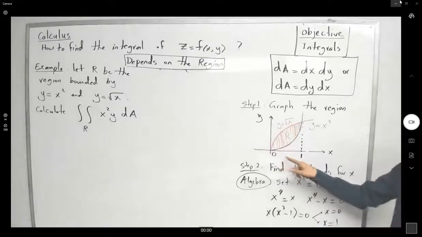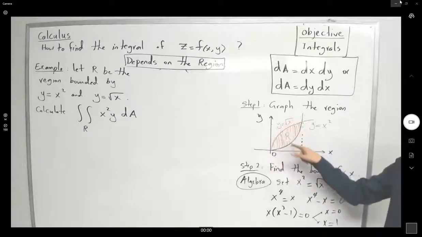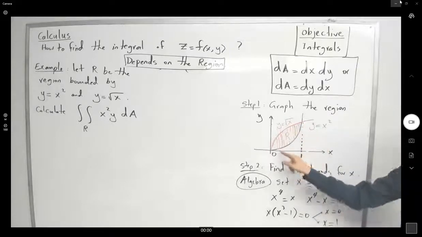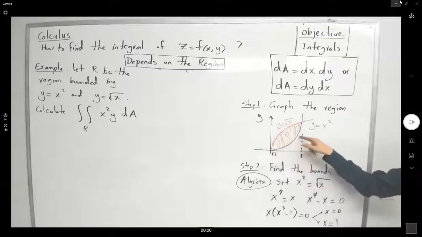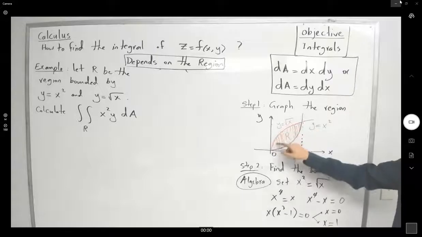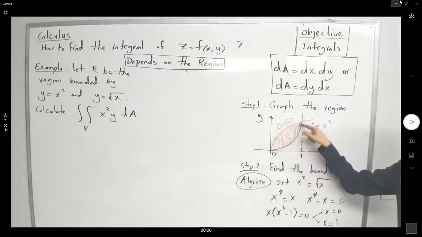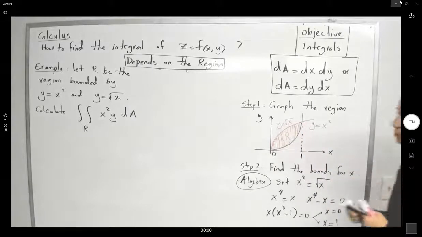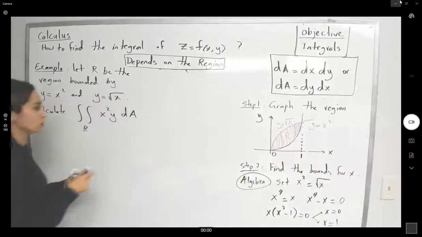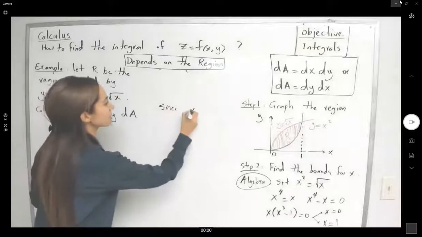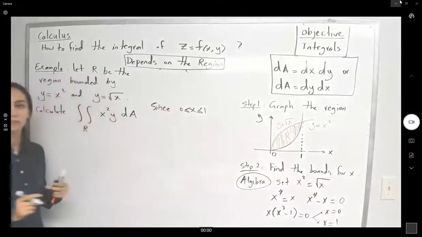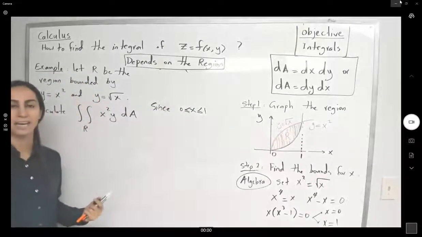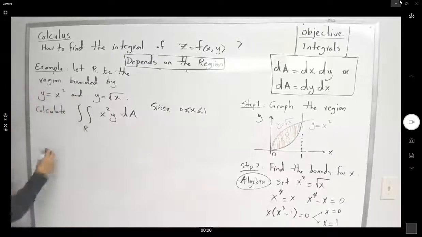So now I know my x is bounded between 0 and 1, and my y is bounded from below, the smallest value that my y takes, by x squared. The maximum value that my y takes is on square root of x. This is your lower function, and this is your upper function. Since x is bounded between 0 and 1, I decide to take the inner integral with respect to y and the outer integral with respect to x.